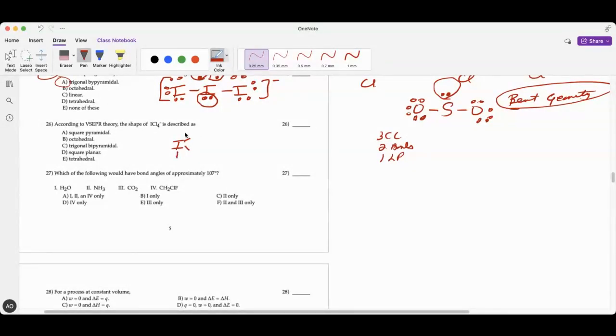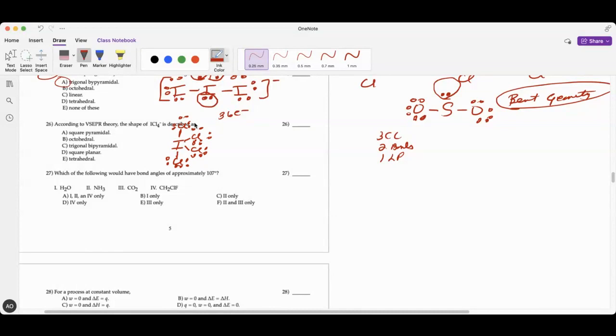I'll just put the chlorines: chlorine, chlorine, chlorine, chlorine, and we have a total of 4 times 7 is 28, plus 7 electrons for the iodine. 28 and 7, that's 35, plus 1 electron for the charge. We have 36 electrons. So 2, 4, 6, 8, 10, 12, 14, 16, 18, 20, 22, 24.